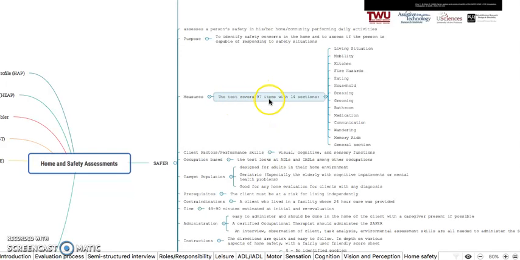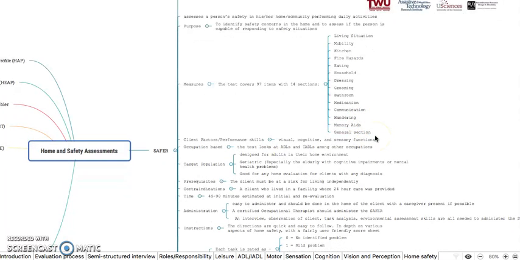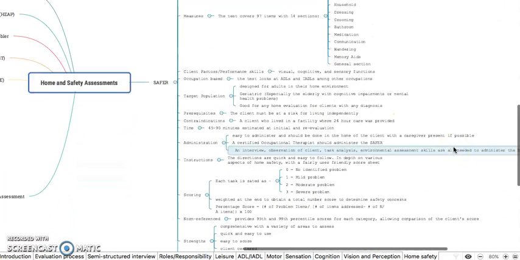So it covers 97 items with 14 sections, which include living situation, mobility, kitchen, fire hazards, eating, household, dressing, grooming, bathroom, medication, communication, wandering, memory aids, and general.